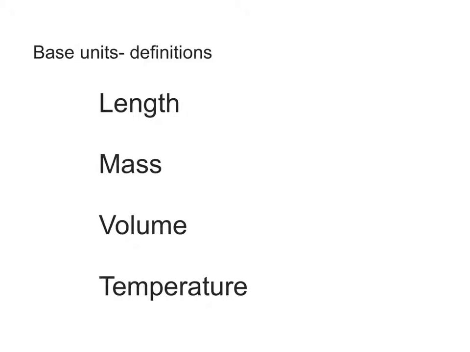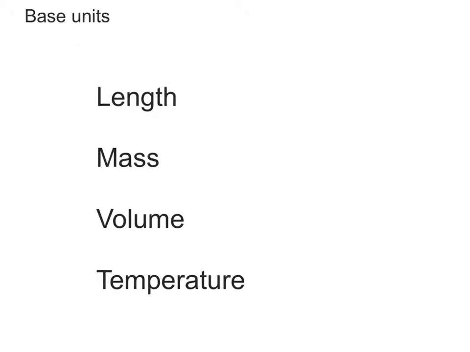Volume is a measure of the amount of space an object takes up. Temperature is a measure of the intensity of heat, and remember, we talked in lecture about how heat is a measure of molecular movement. For each of these, we have a base unit. For length, the base is meters, so think about a meter stick.